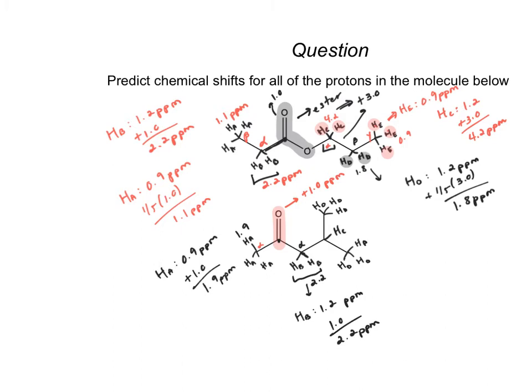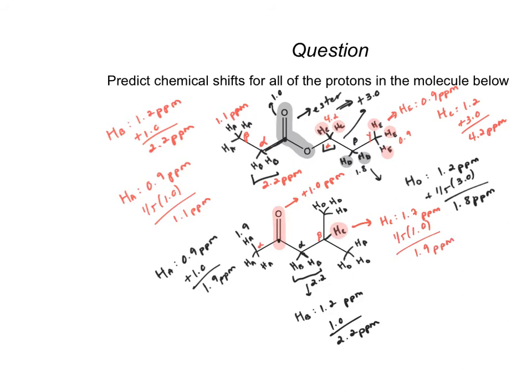Move out to HC. HC is a methine proton. So normally 1.7. It is beta to a carbonyl. So we'll add in 1/5 of the 1, which gives us 1.9.